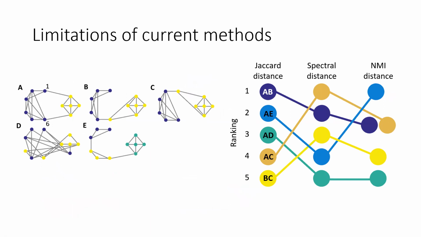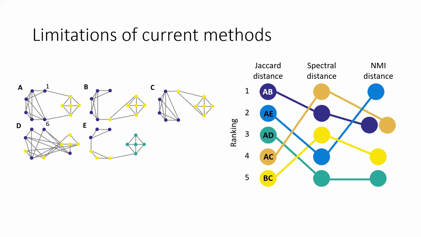So if we now look at how these 3 distances do: the Jaccard distance, which is the local distance; spectral, which looks at connectivity, or the comparison of the eigenvalues; and then NMI, which compares the partitions. First, Jaccard ranks network B to be the closest to network A. So AB means the comparison of networks A and B. Then the spectral distance says A and C are the closest together, so in a sense, these have the most similar connectivity.